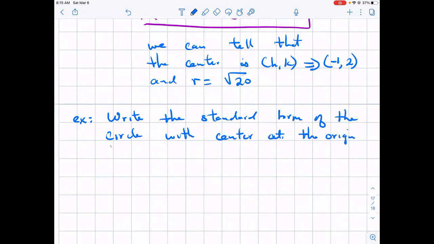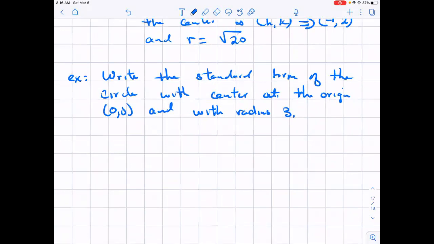That means it's 0, 0, right? And with radius 3.